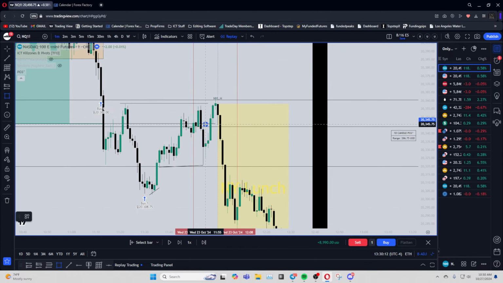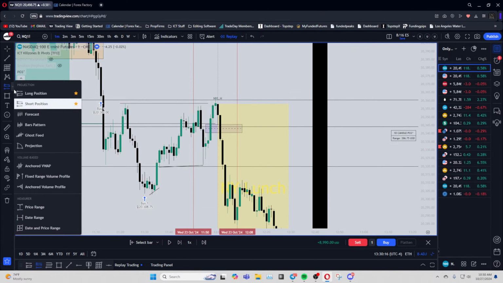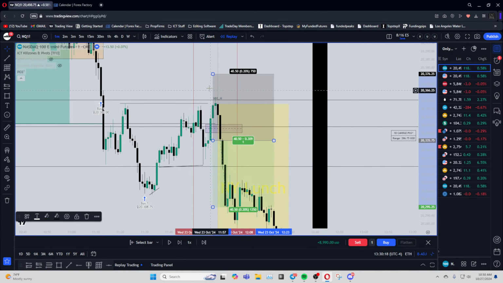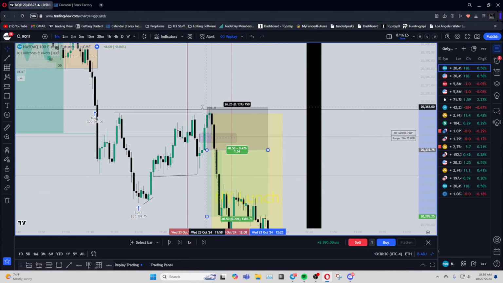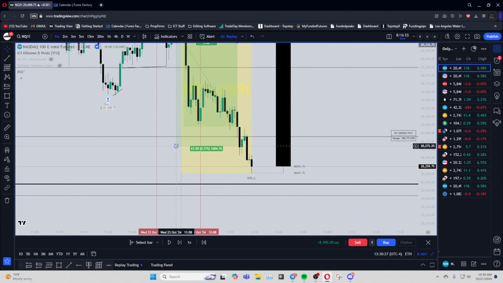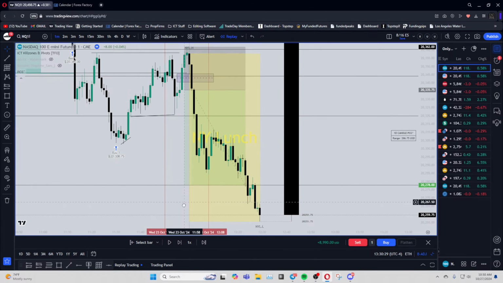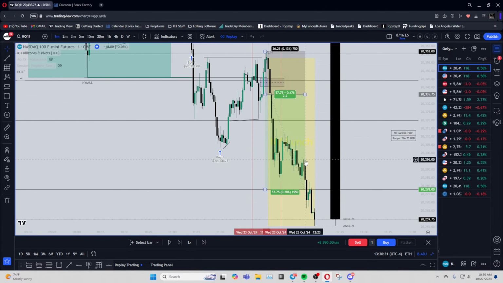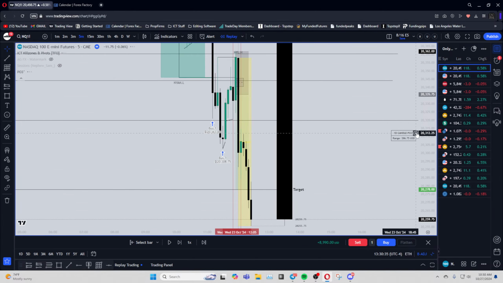Could have actually entered off of this IFEG and could have used our main target right here. So that could have been an entry model if you wanted to enter right there. I just wasn't really looking on the lower time frame.